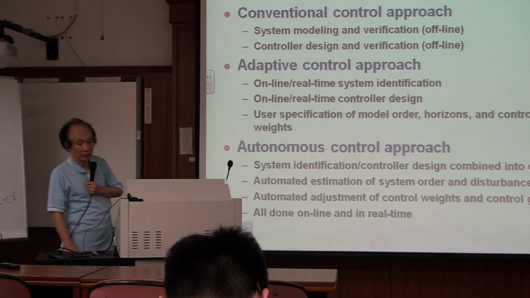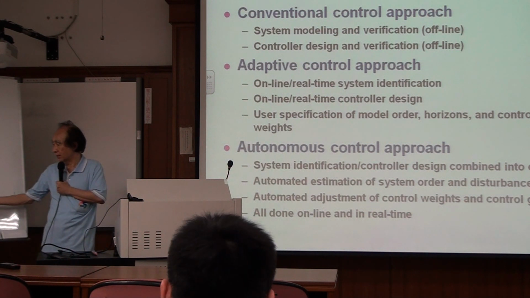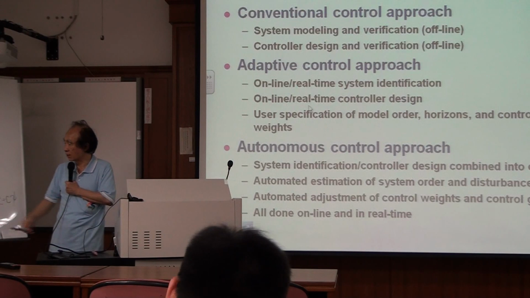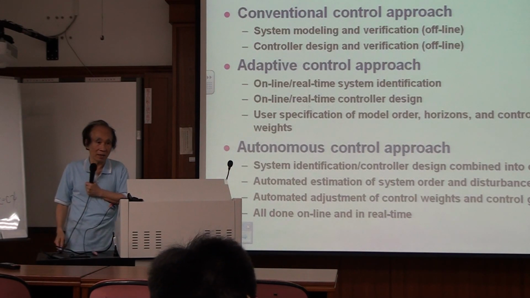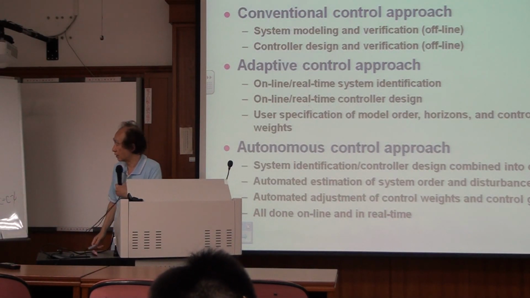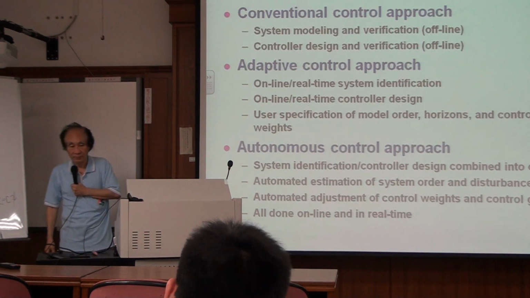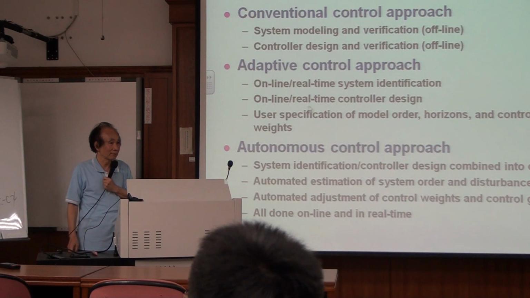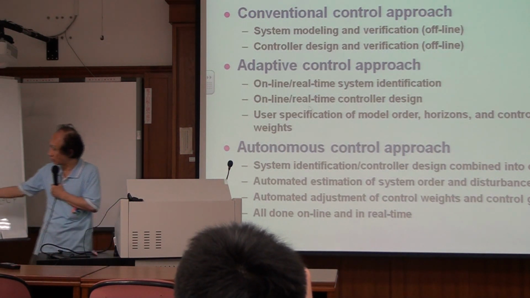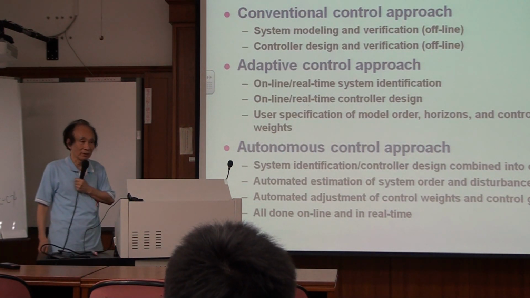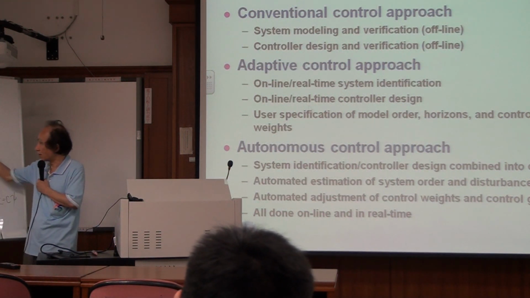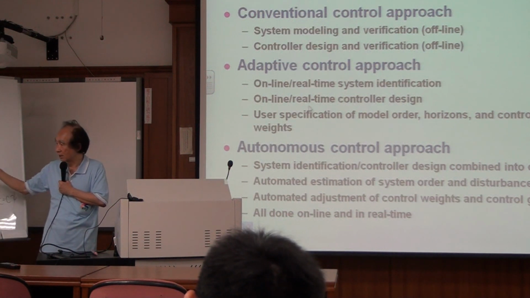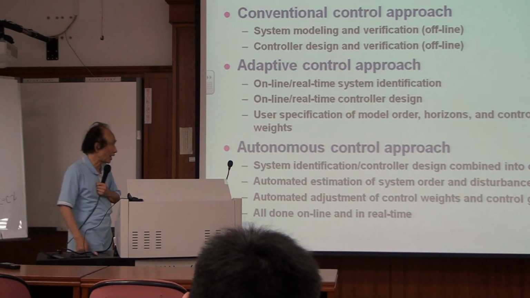That means every once in a while, we need to update our model. Because our model from the physical coordinate may not be accurate enough because of nonlinearities and uncertainties, we need to update our model, and after we update our model, we will design our controller.